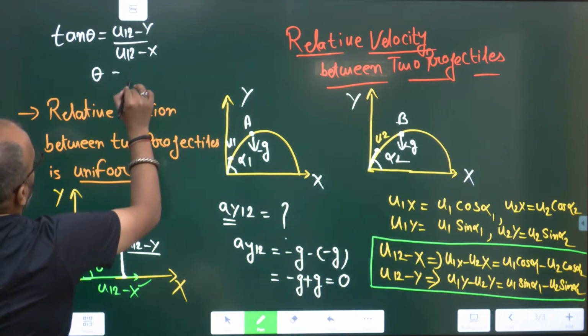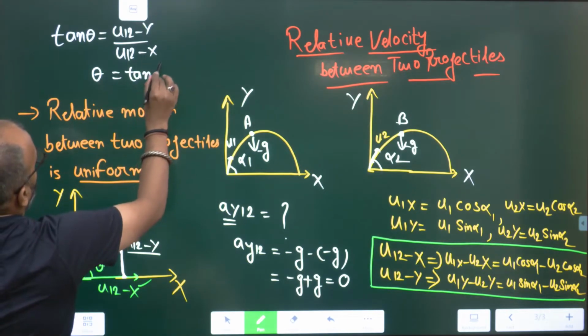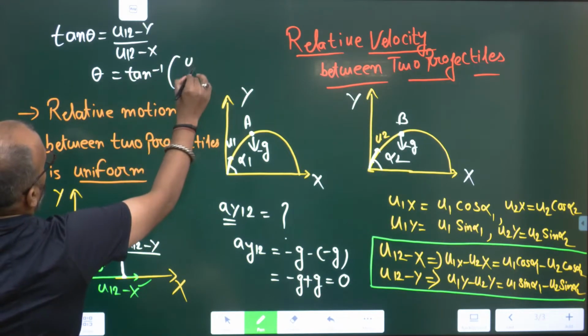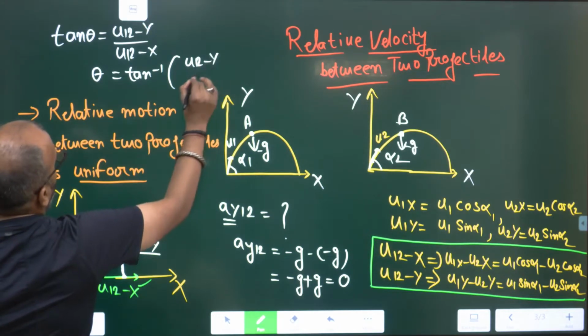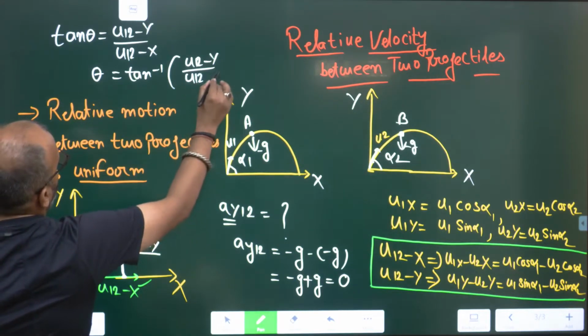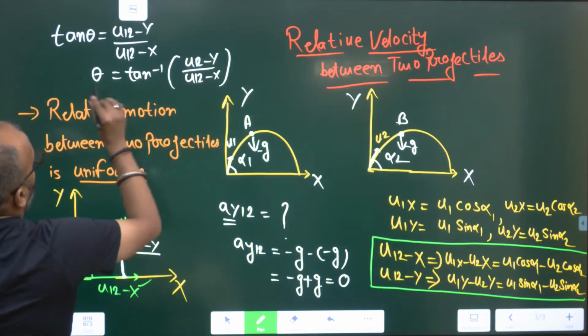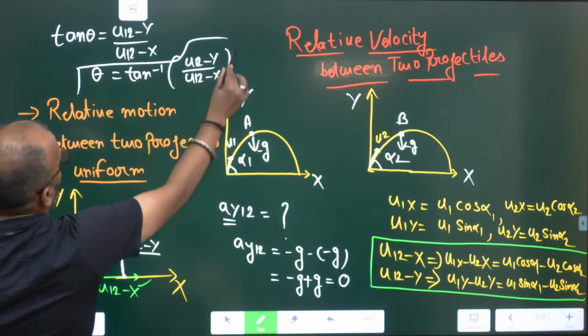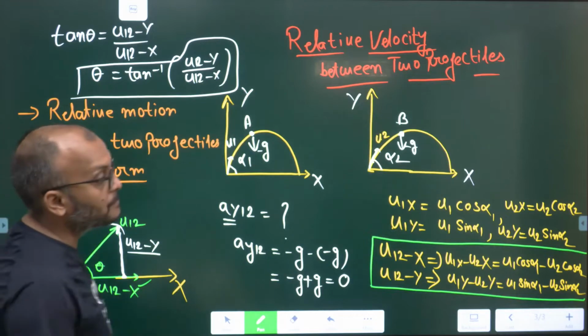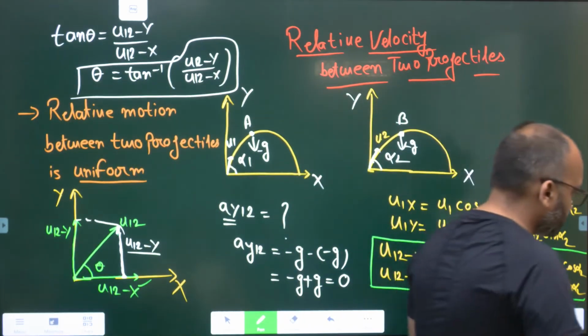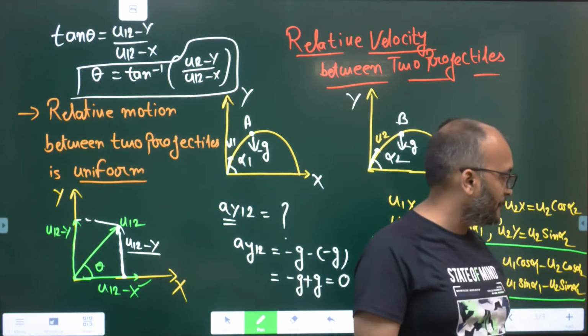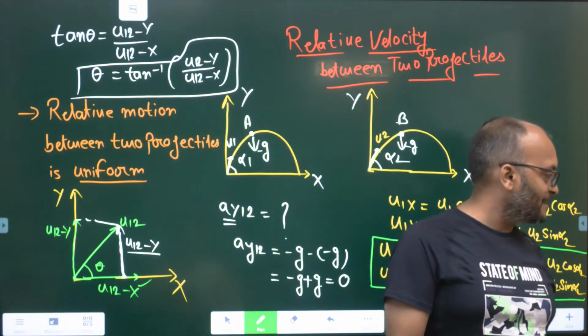So theta will equal tan inverse u12y upon u12x. Yes or no? Yes, sir.